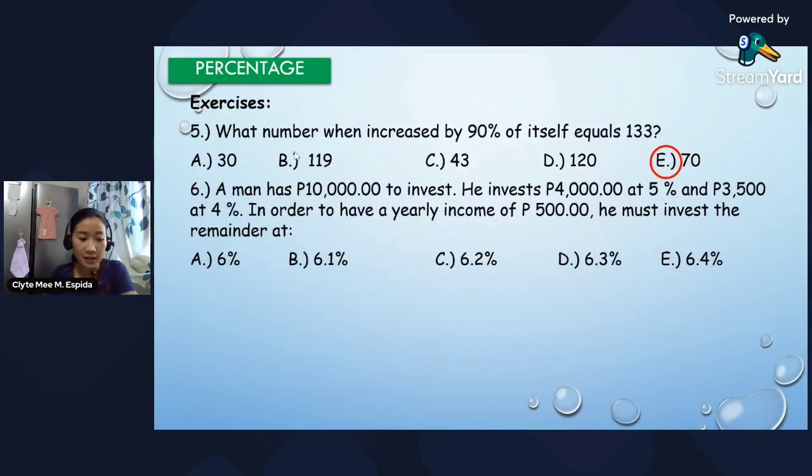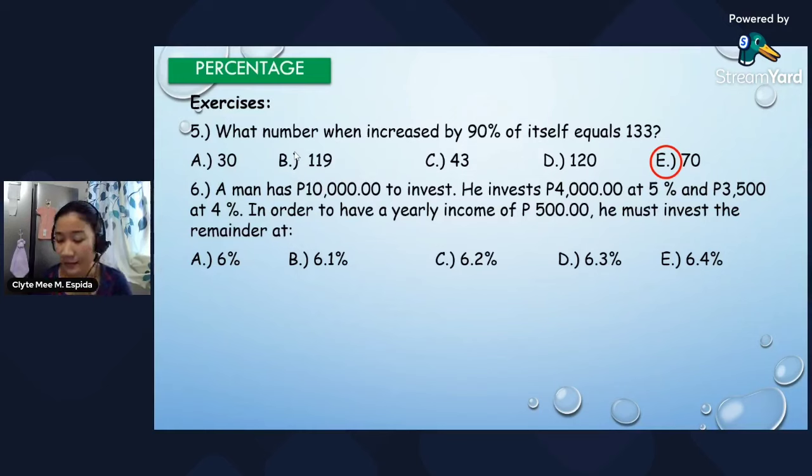Okay, for problem number 6. Okay, sige. You could have your working lunch. Okay, so let's have number 6. A man has 10,000 to invest. He invests 4,000 at 5% and 3,500 at 4%. In order to have a yearly income of 500, he must invest the remainder at blank.